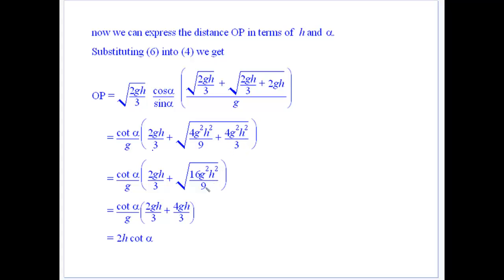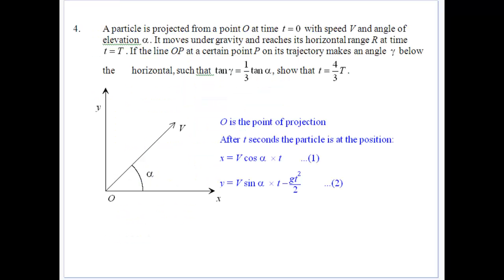Get a common denominator, and we get 16g squared h squared on 9, which is nice because that takes the square root and gives us 4 on 3 gh, which we collect our terms in, and that's going to give us the g's cancelling. We get 2 plus 4 gives us 6, and 6 over 3 gives us the 2h, and we end up with 2h cot alpha. So it comes down to something quite nice.